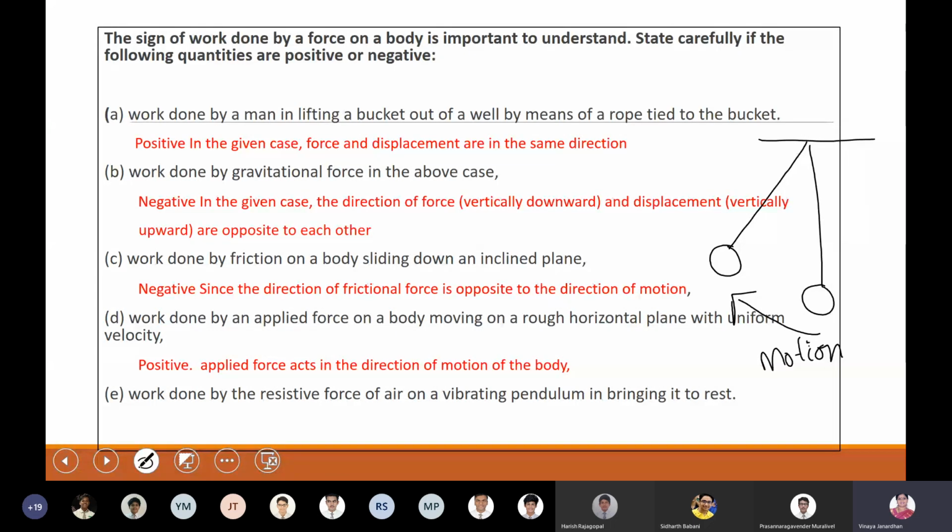The reason is that there is always a frictional force provided by air. Because of air friction, the pendulum comes to rest. The air friction will always act in a direction opposite to the direction of the motion of the pendulum. That's the reason eventually your pendulum comes to rest.